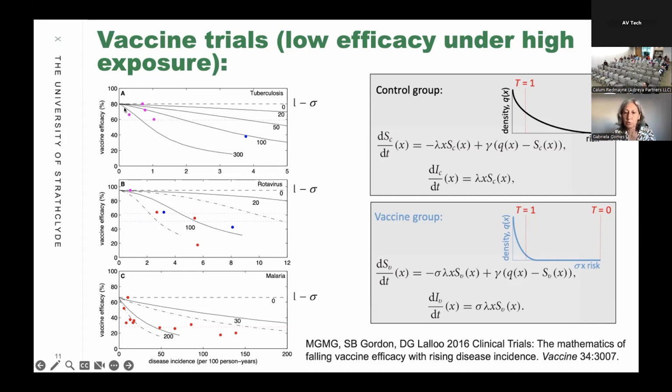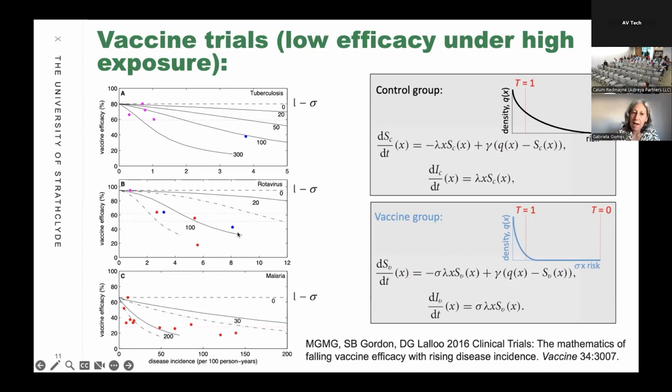You look at trials where the efficacy of these vaccines is estimated, and systematically you see that in regions of high transmission, this horizontal axis being a measure of intensity of transmission in the particular regions, the efficacy of the vaccine is estimated to be lower. This can be quite a big drop in efficacy as you go from low transmission regions to high transmission regions.